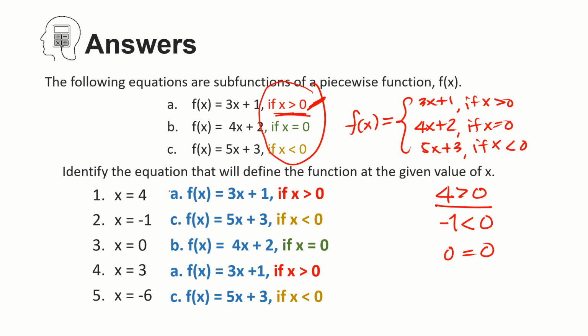So by comparing the value of our x to the conditions, we will be able to identify which of the subfunctions is to be used in order to get the value of our function.